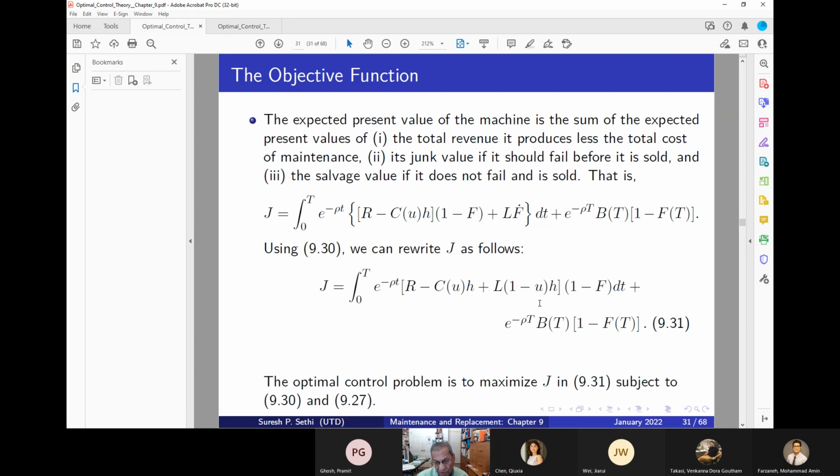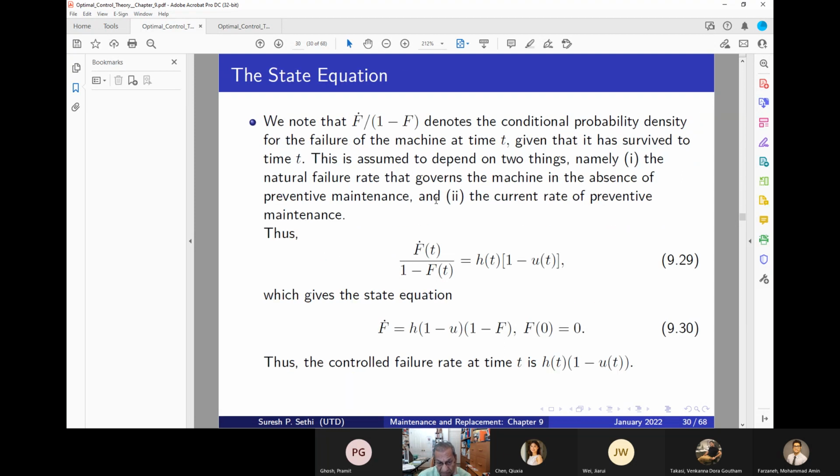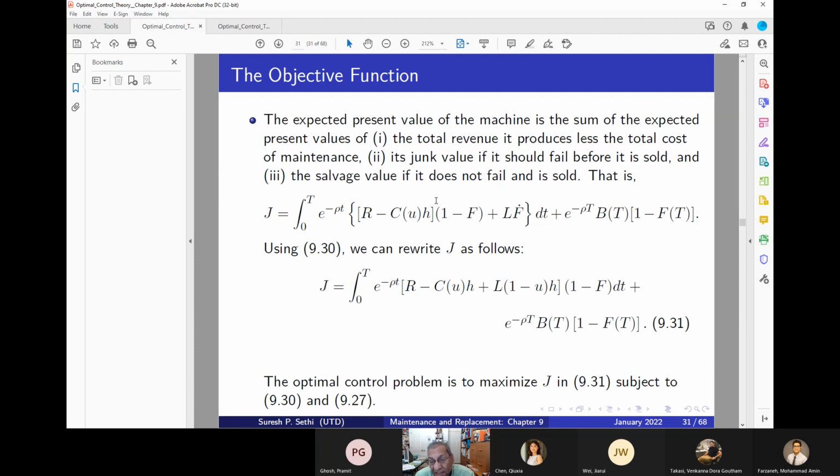No, the Bolza form, because it has an integrand which has a u and an f, and it has a salvage value which has a capital T and f of t. So I can use the Bolza form of control theory given this state equation, and I can solve the problem. But what I'm trying to say is that when we solve the problem, we will find a control u star of t all the way from 0 to T. Because remember, no probability is left.